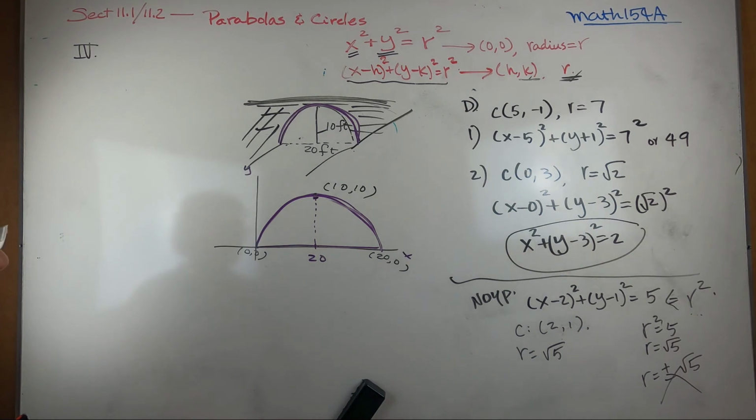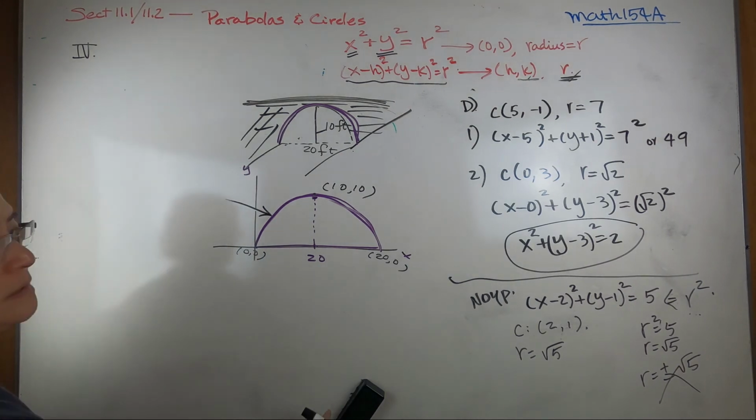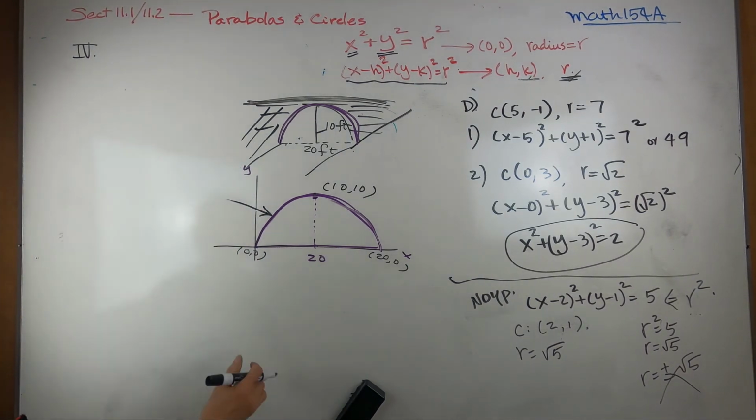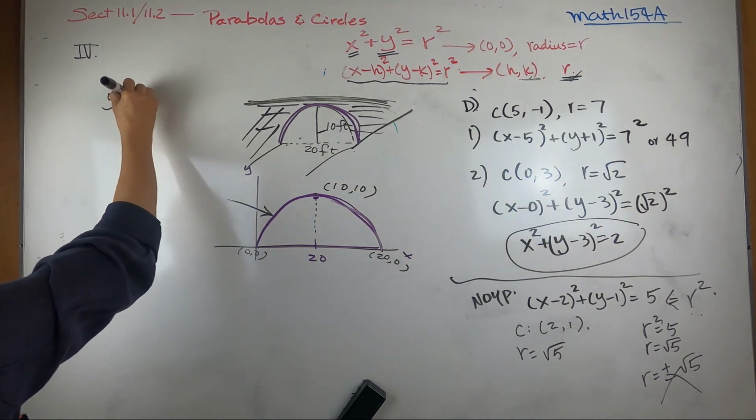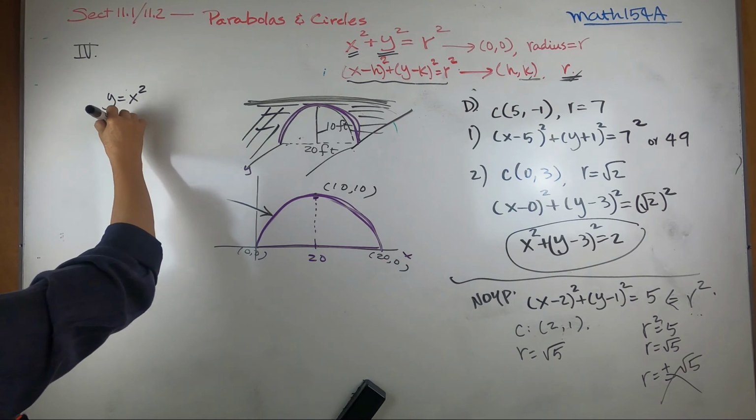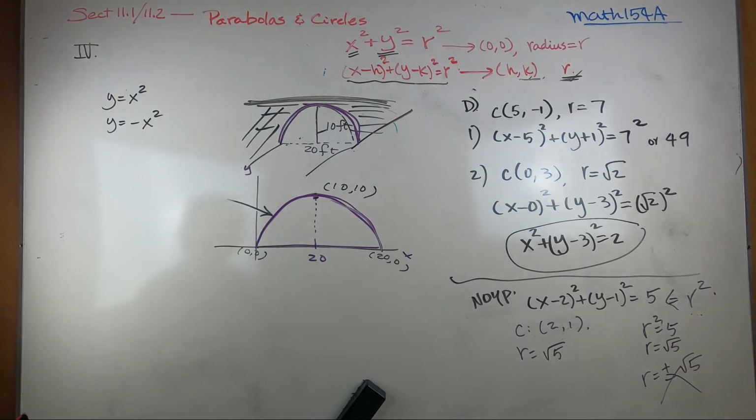Then how are we going to write the equation for this parabola? Then we know the standard equation would be what? This one, if it opens down, would be like this, right?